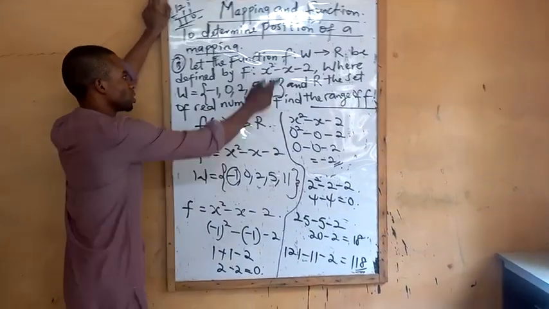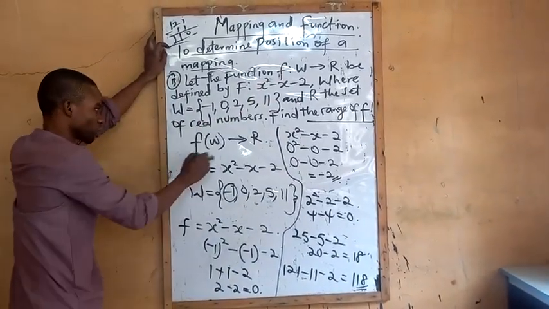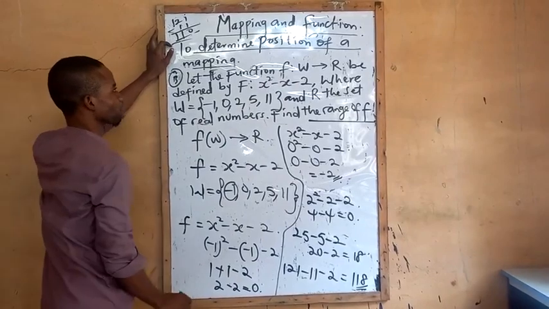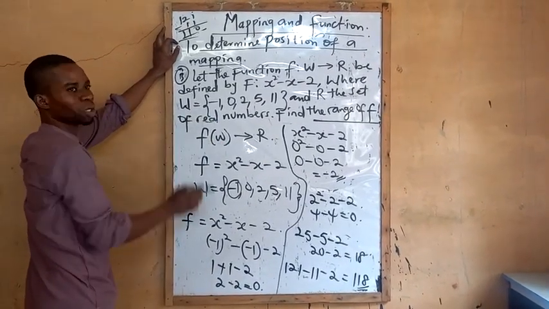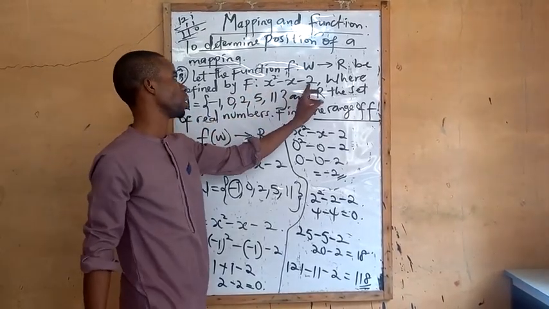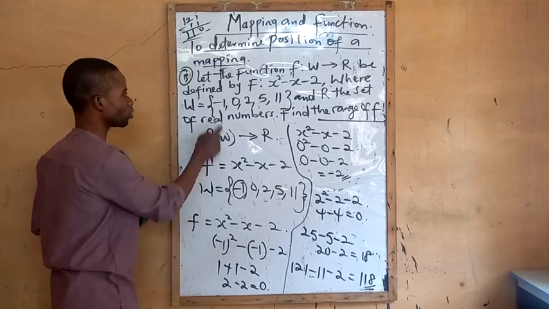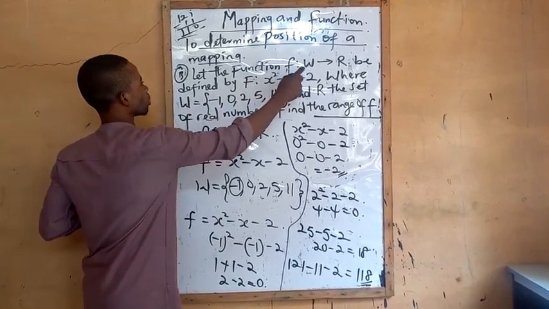That means anywhere I'll be substituting the values of w inside this function. And the function is x squared minus x minus 2, and this is the value of w. I'll substitute minus 1. Anywhere I see x, I'll put minus 1.